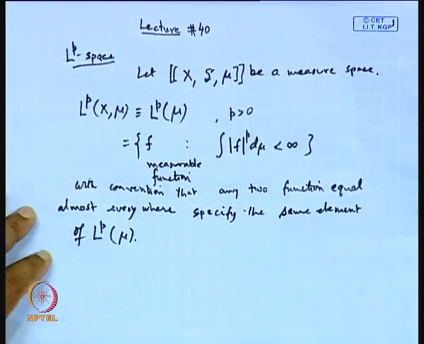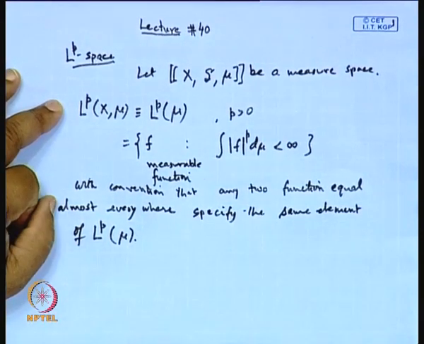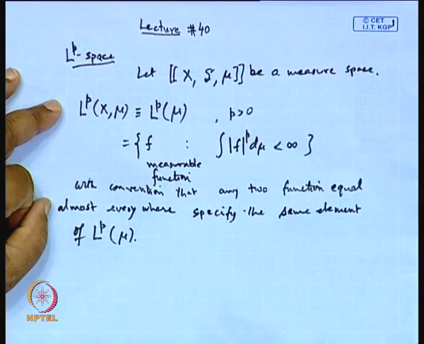It means the capital LP is not a collection of functions, it is basically a collection of classes where any two elements of the same class are equal almost everywhere.